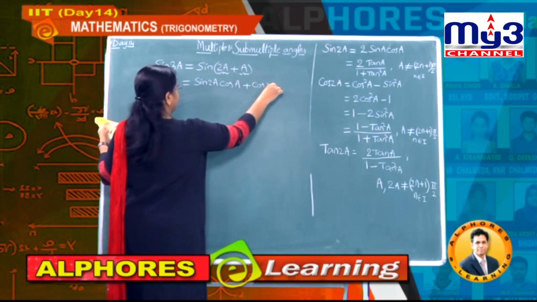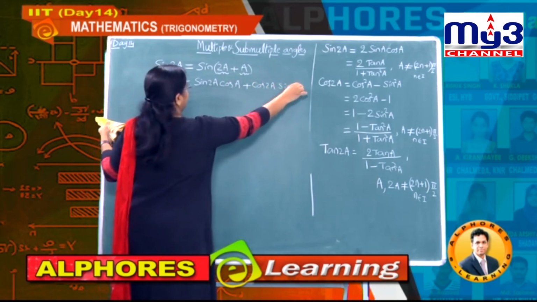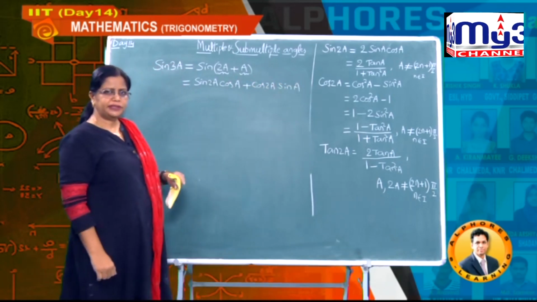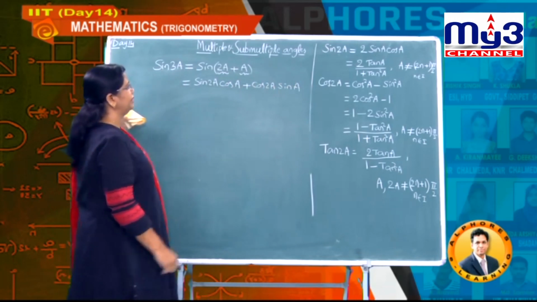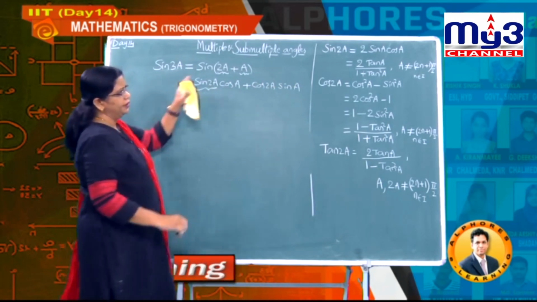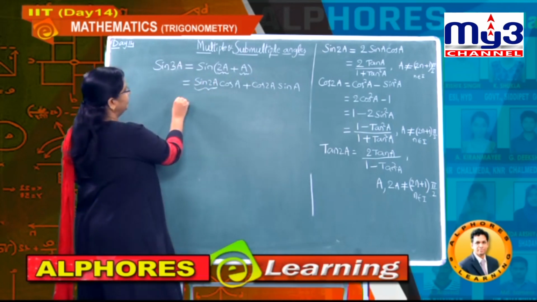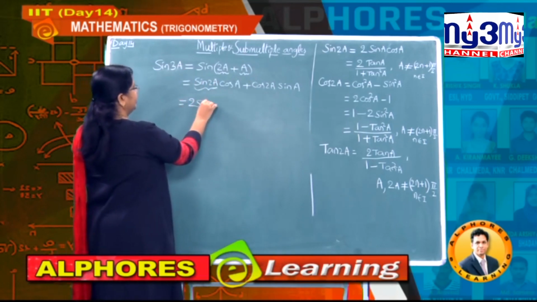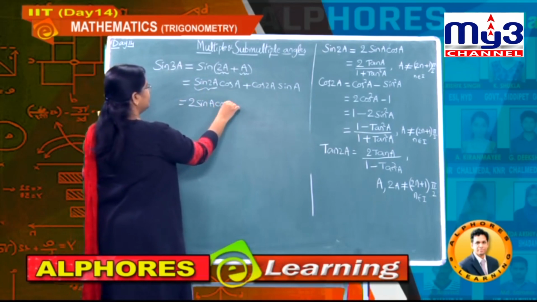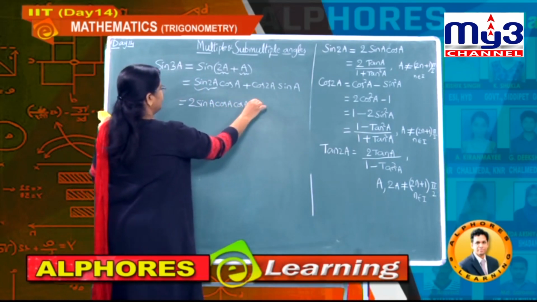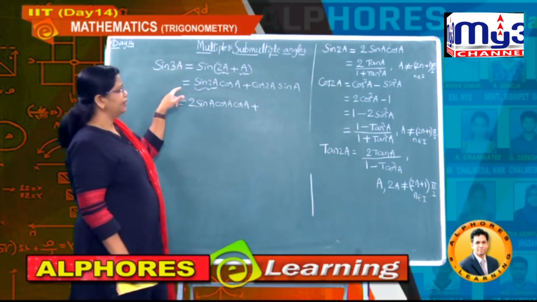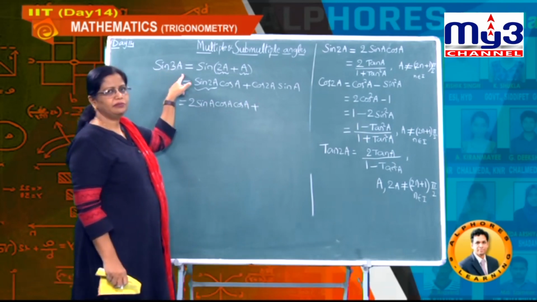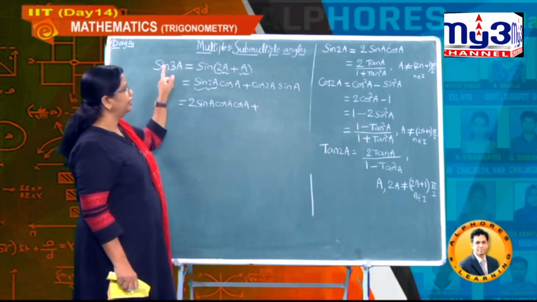Okay students, now I want to write this entire value in terms of sin. In terms of sin means the sin 2a formula we just did, that is 2 sin a cos a, into cos a, plus cos 2a, as we decided to write all values in terms of sin.